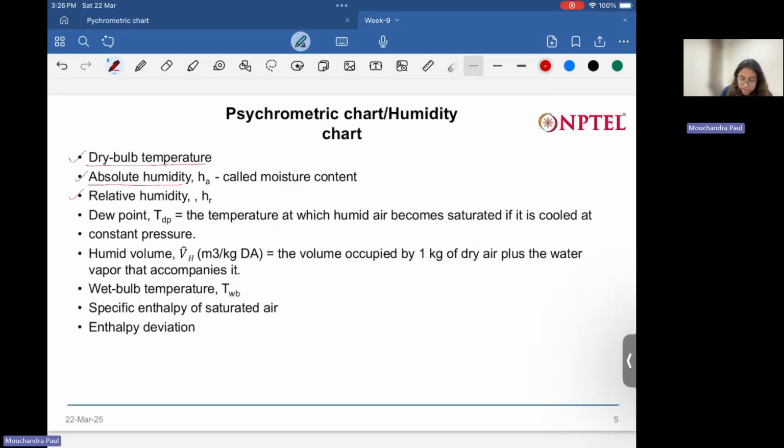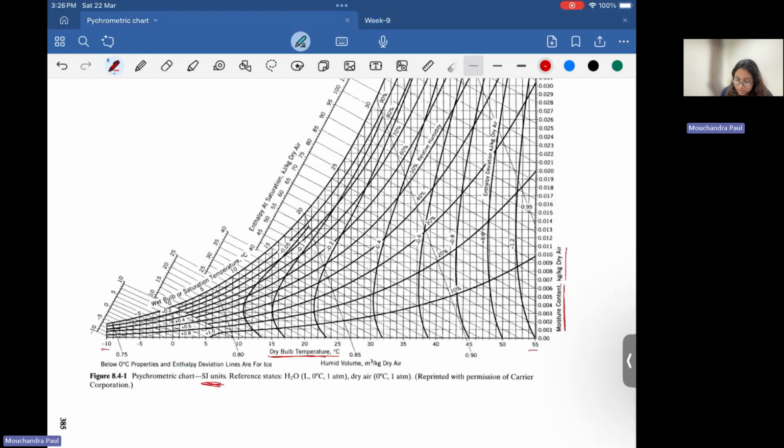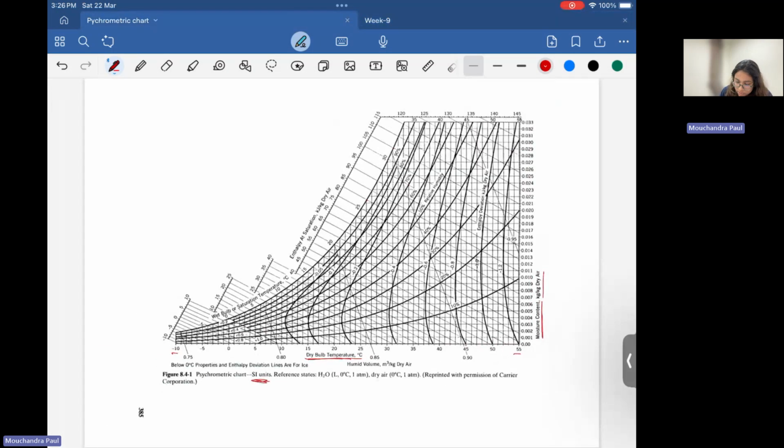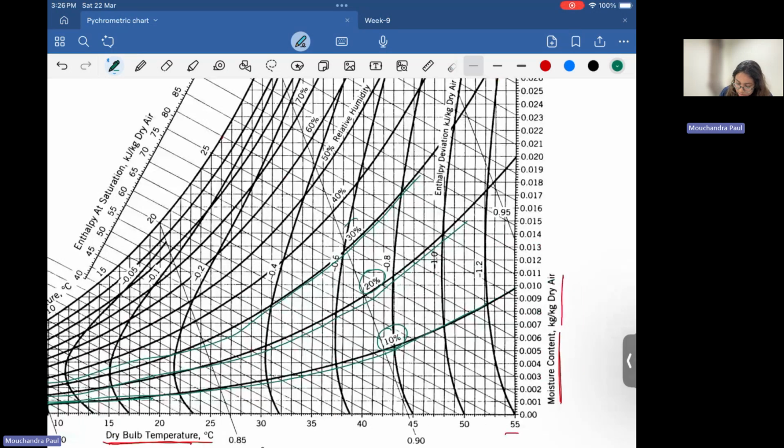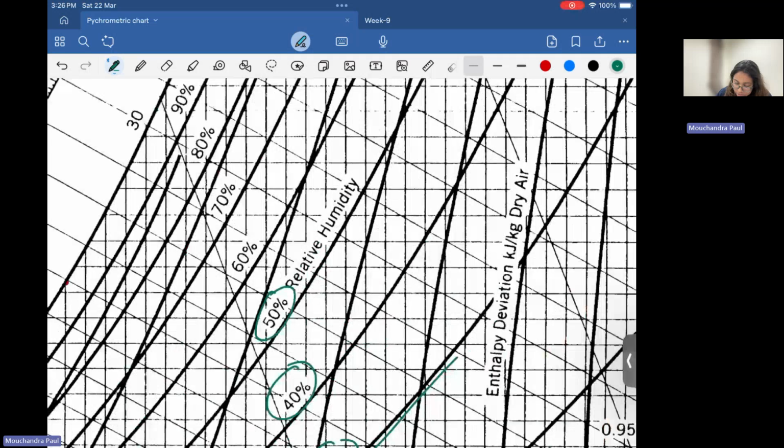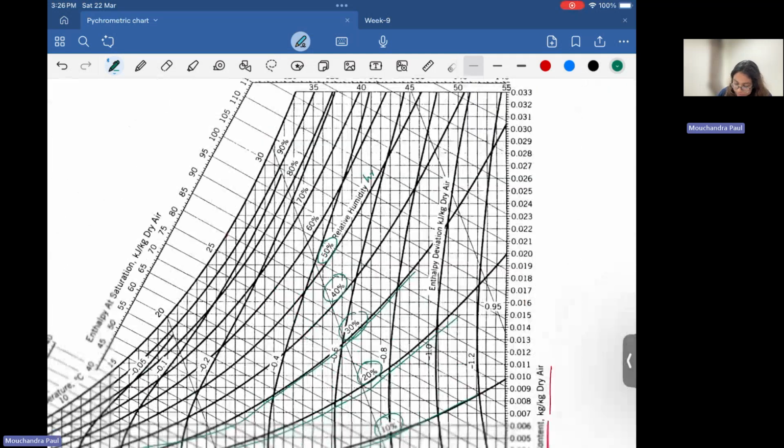Then relative humidity, also represented as HR. You see these kinds of curves with a percentage written over them. So these are the HR or relative humidity curves.